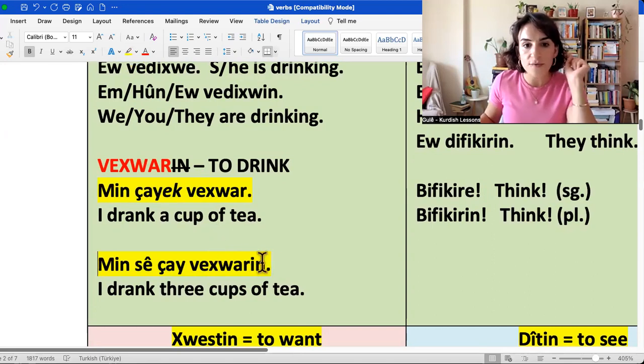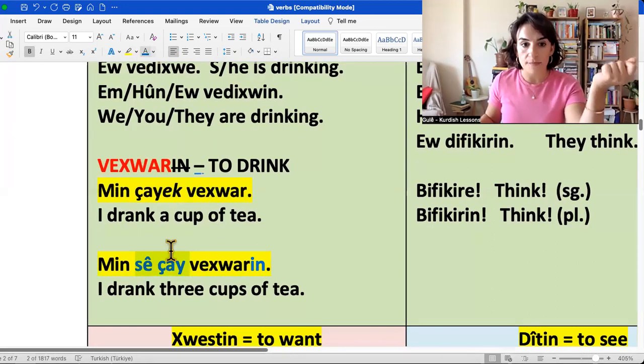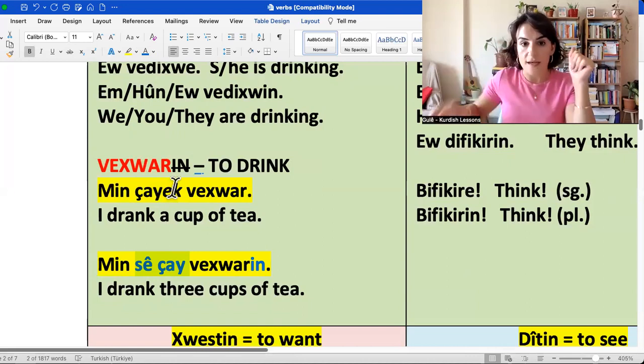You see we have un at the end of vahwaran. It means the object is plural, as you see, sê chai. So in the past, if your object is third person singular, you don't add anything. But if it is plural, you add un.